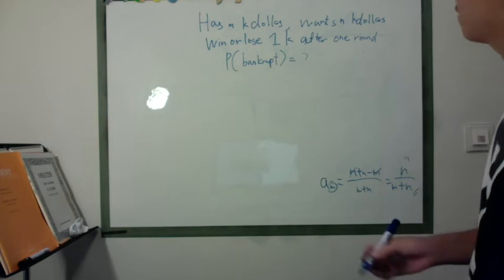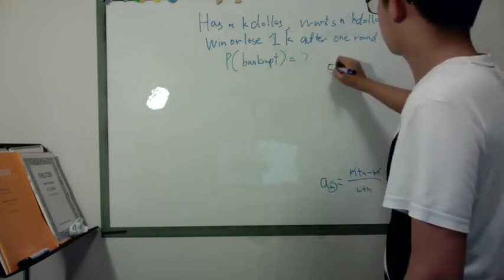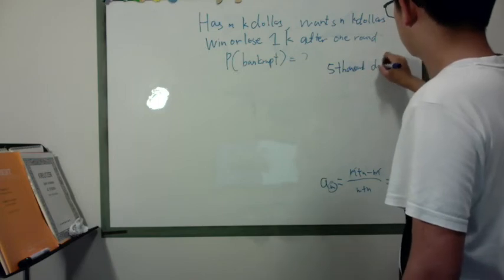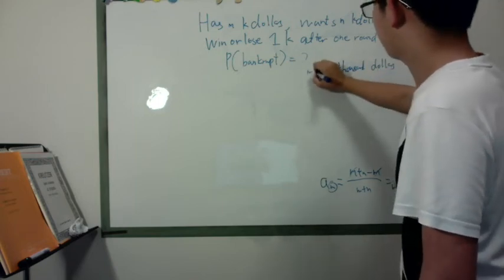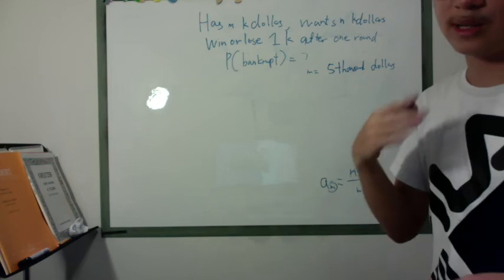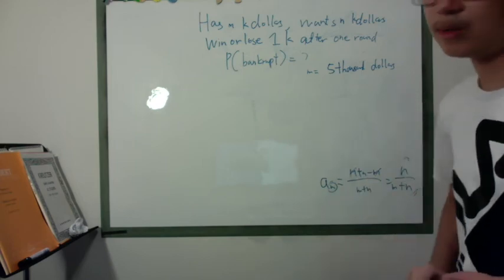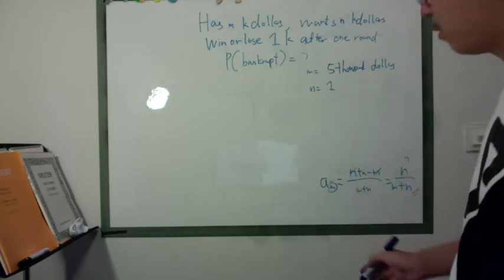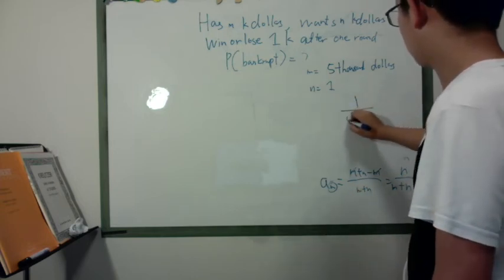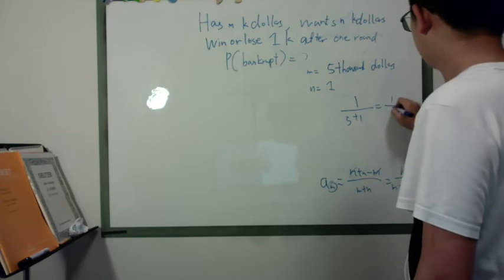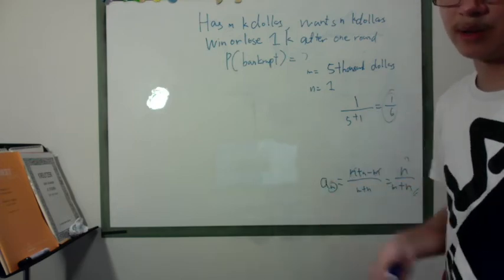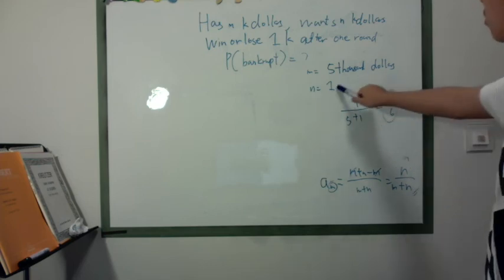Let's say you have $5,000 at first. If you want to gain, let's say, $1,000, then you will have 1 divided by 5 plus 1. So this is the probability of you going bankrupt if you only want to gain $1,000.